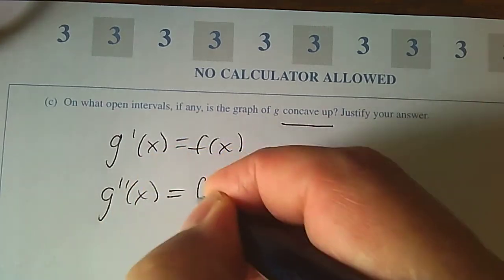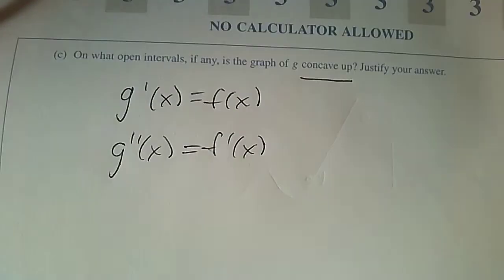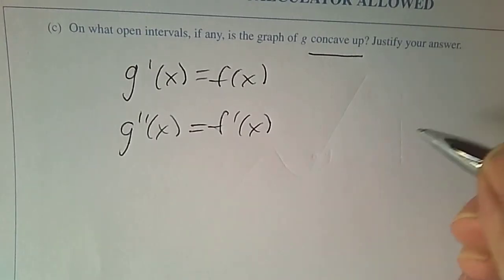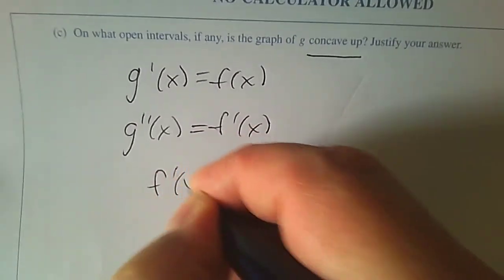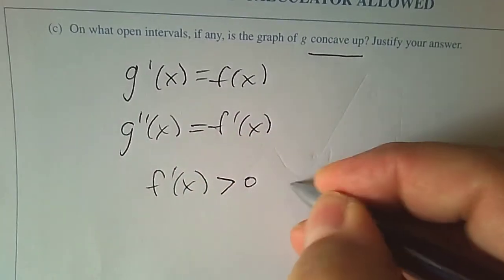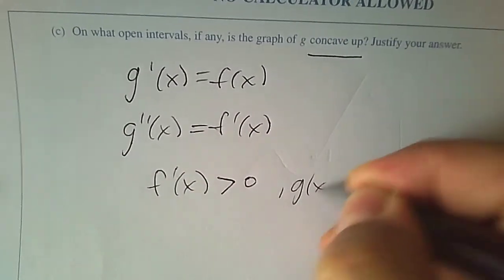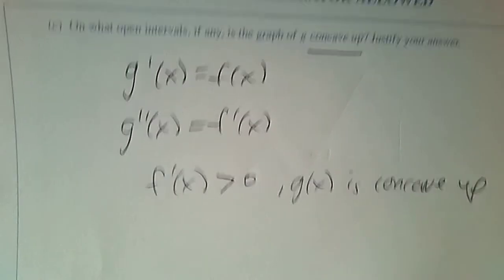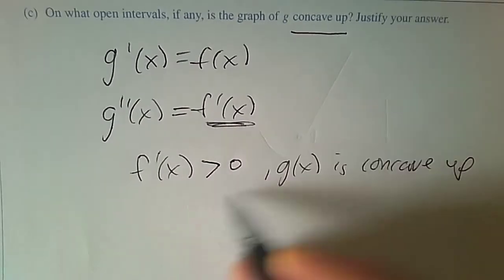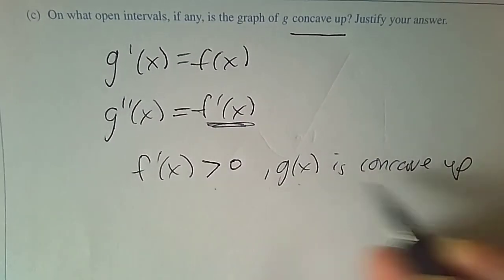So I'm going to take the derivative again. And now I'm looking for when the derivative is greater than 0, g at x is concave up. So when the derivative of f is bigger than 0, g is concave up.